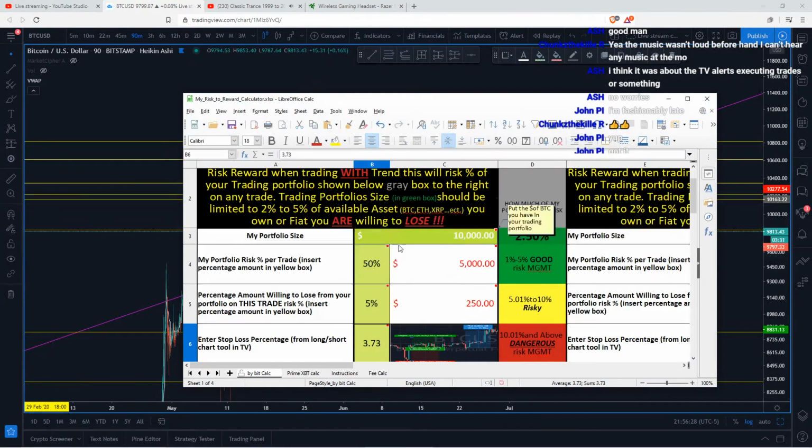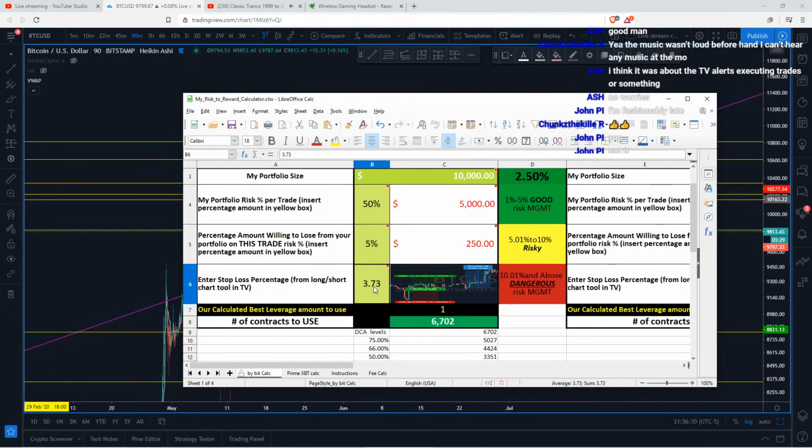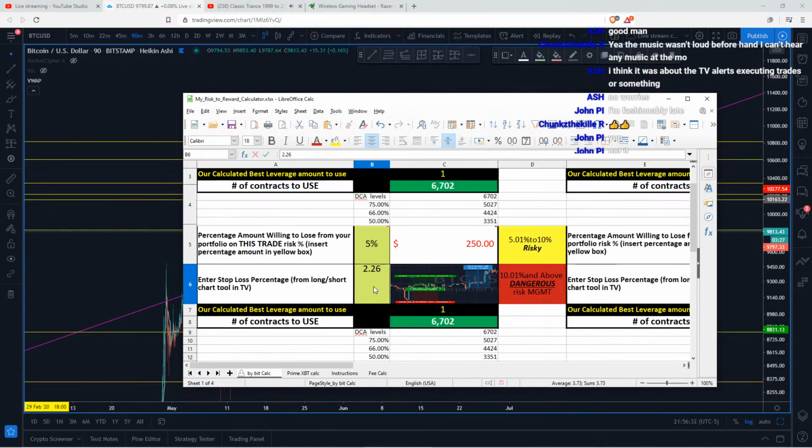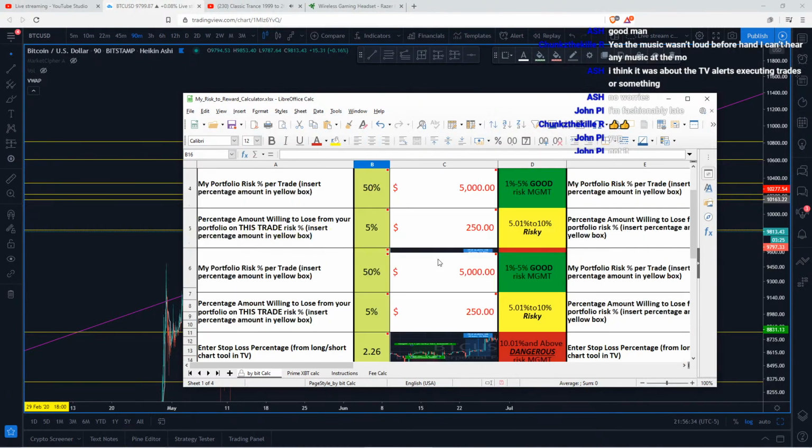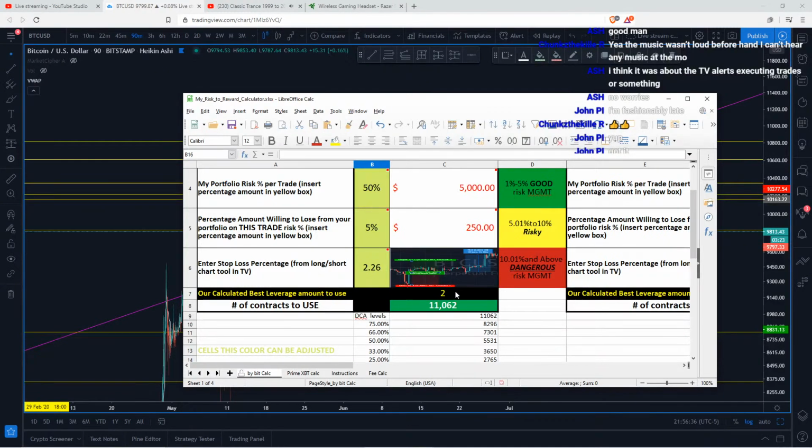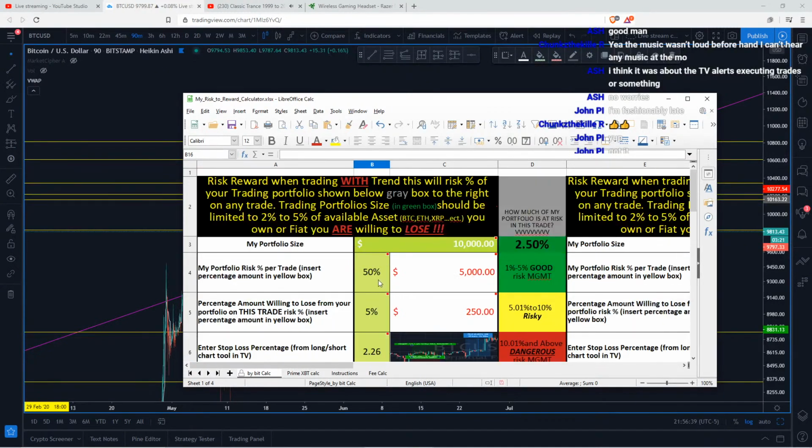So go back to the calculator, and you would put in 2.26 for the less risky of the trades. If you want the higher percentage looks, then what you want to do is have the 520, or 540.